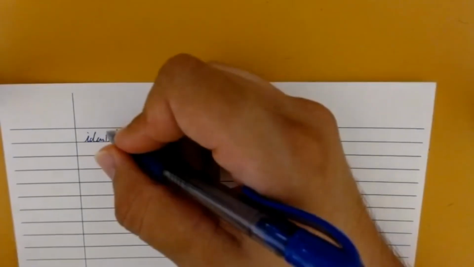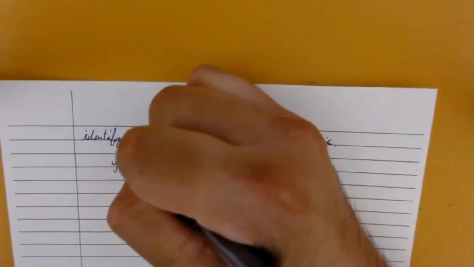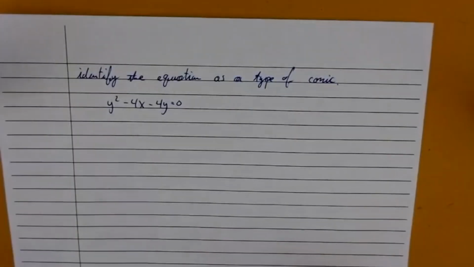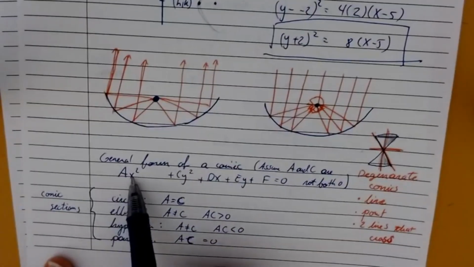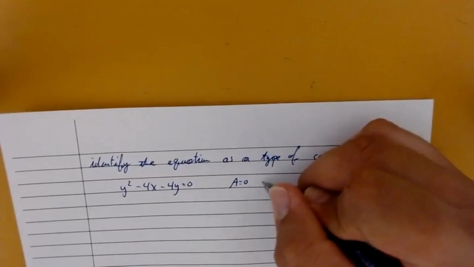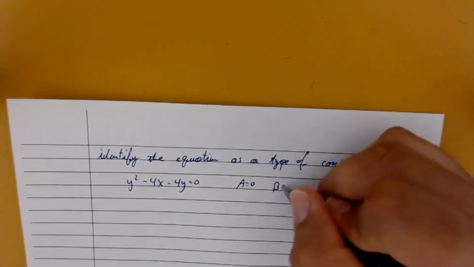Okay, so let's say, for example, we have y squared minus 4x minus 4y equals 0. Okay, well, in that case, remember, your A is the number in front of your x squared, your C is the number in front of your y squared. Here, there is no x squared, so that means A is equal to 0. And there is a y squared, the number in front of that is 1, so C equals 1.